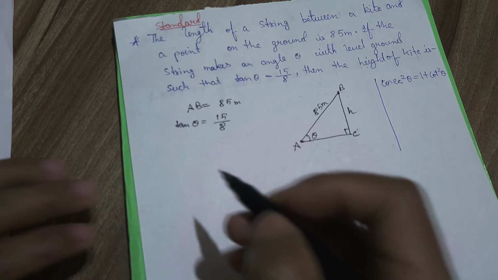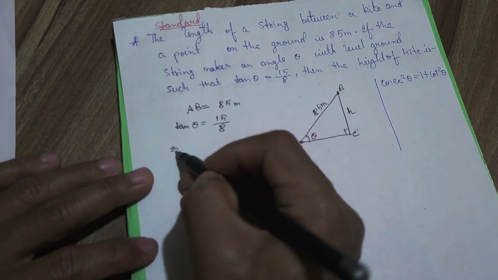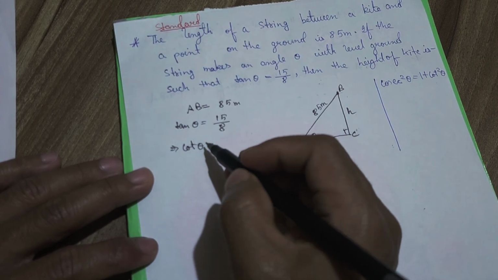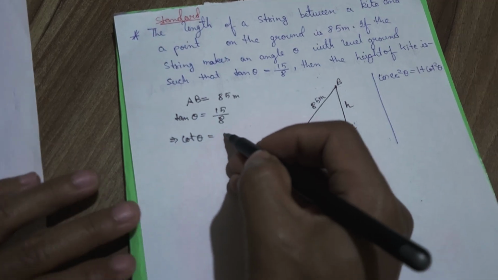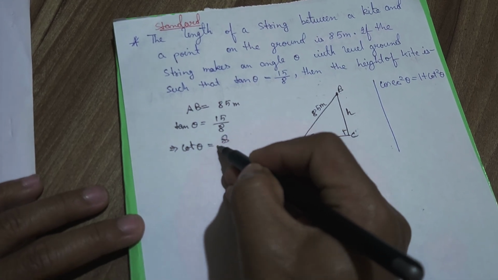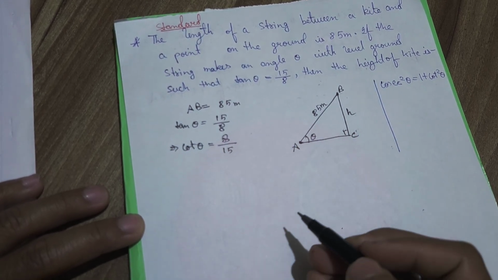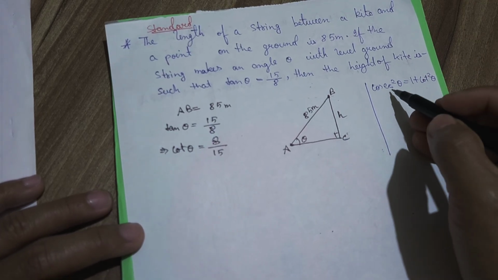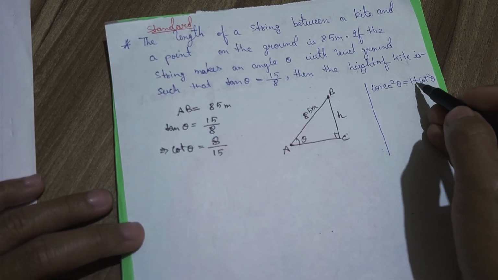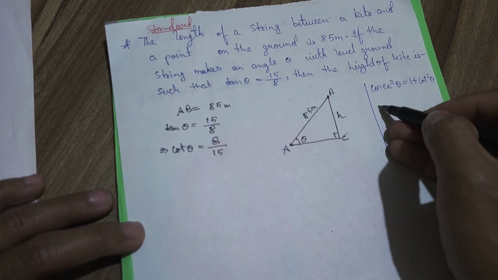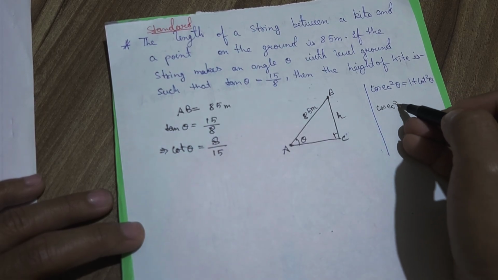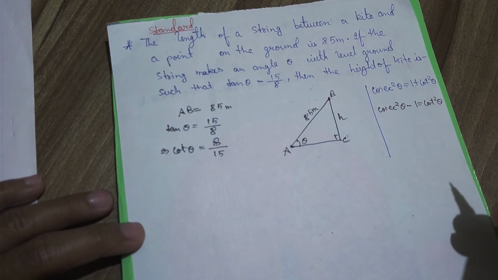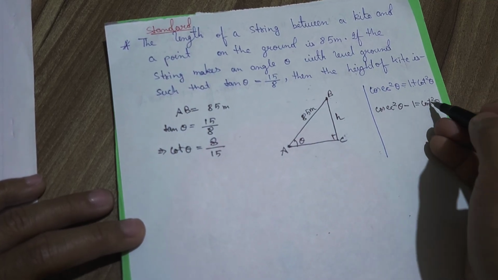So what we can do here, we'll convert the tan into cot theta. Cot theta is the reciprocal of tan theta, so 8 by 15. Next step, we are going to use the identity cosec square theta equal to 1 plus cot square theta. If you bring 1 to the left hand side, it becomes minus, so cot square theta equals cosec square theta minus 1.